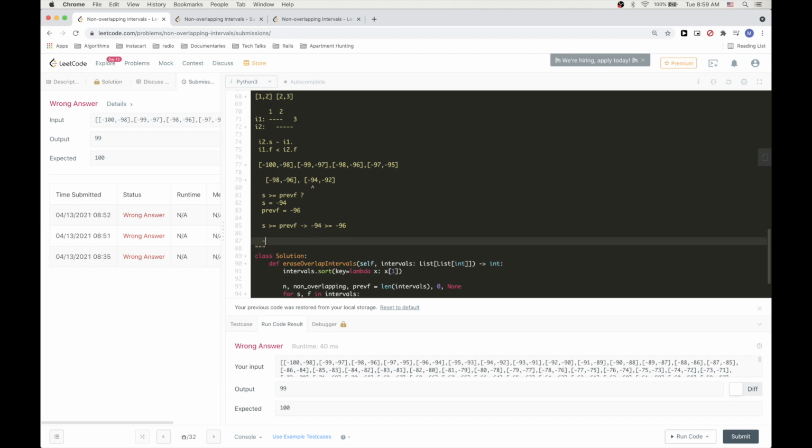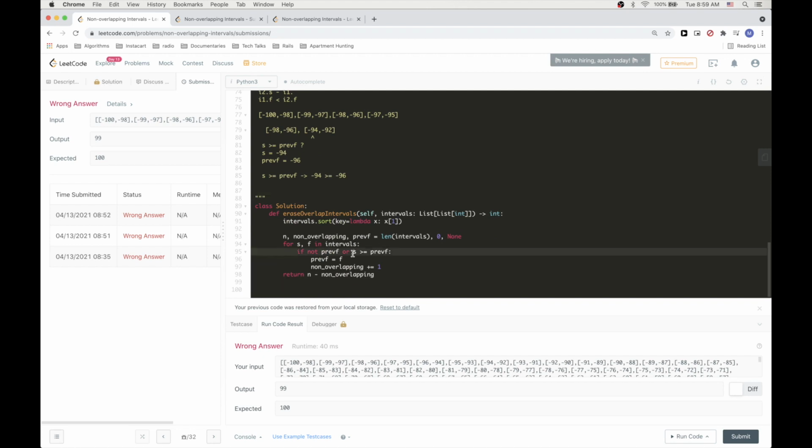So actually minus 94 is considered smaller than minus 96, and so that's wrong basically. And so here what we need to do, if we were to take the absolute value, what about 94? This would be smaller. And 94 is actually bigger, so that's true. So that should work.